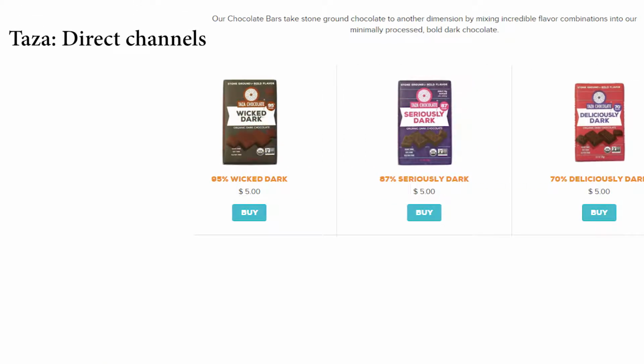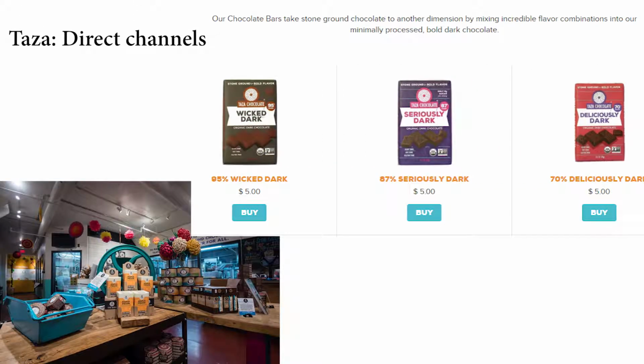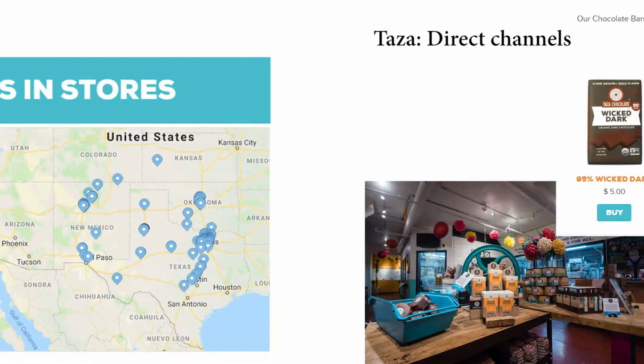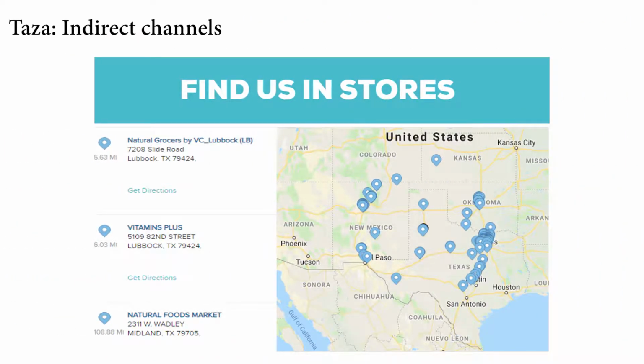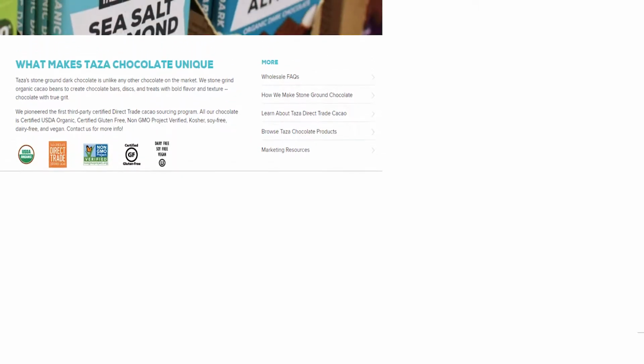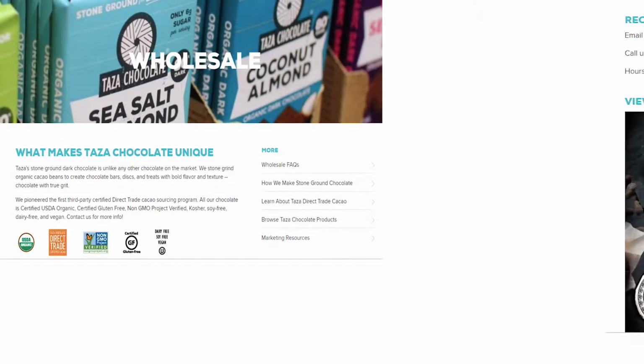Taza sells directly to consumers through their online store and their factory store. Taza also uses indirect channels with retailers such as Natural Groceries, Vitamin Plus, and Natural Foods Market here in Lubbock. A very important intermediary for Taza is the wholesalers that work with the company.